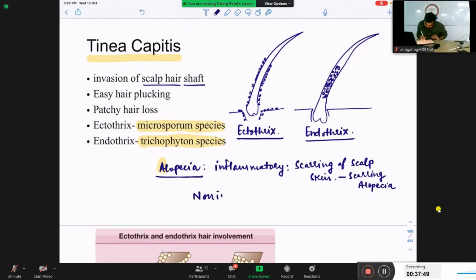But if it is non-inflammatory, it is non-scarring. So if inflammation is present, it is a scarring alopecia. Non-inflammatory, it is a non-scarring alopecia.